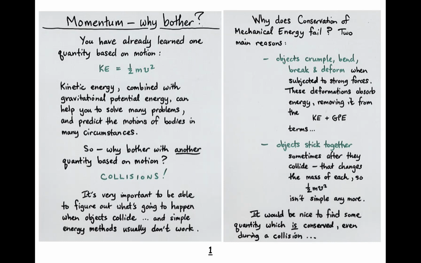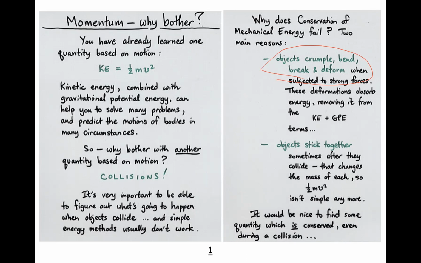But it turns out that when objects collide with each other, or when objects explode apart from each other, energy is lost in that process, okay? Partly because as objects collide, oftentimes they do not spring back to their original shape. They absorb energy as they deform or as they get a little hotter as a result of the collision.